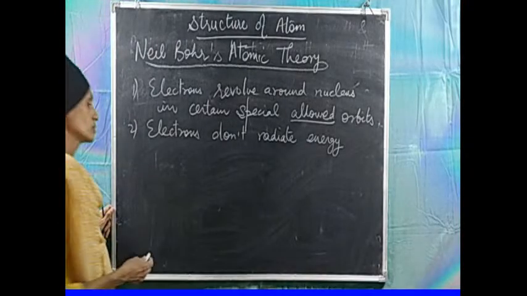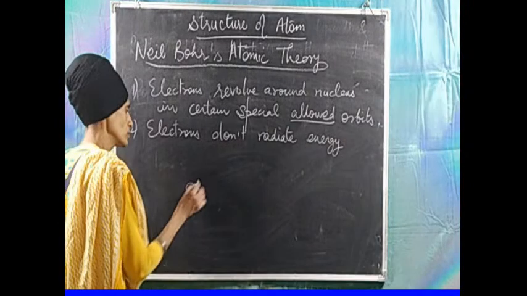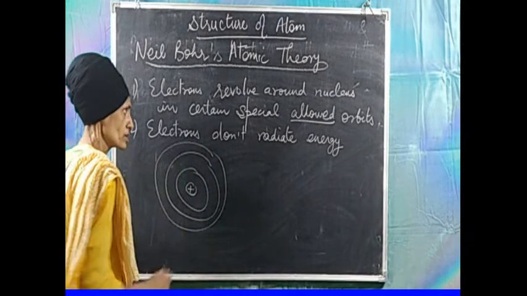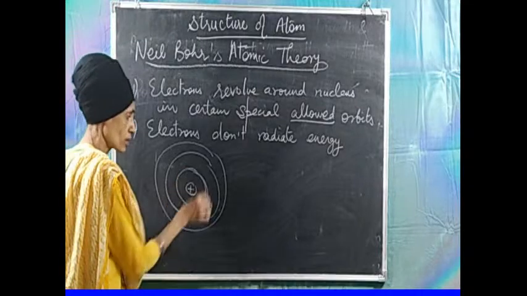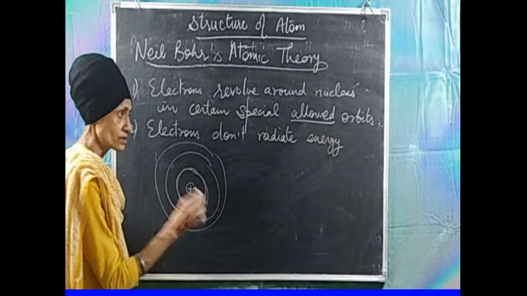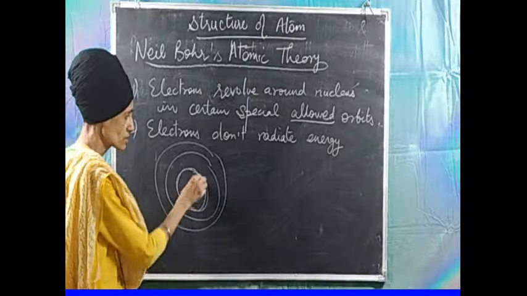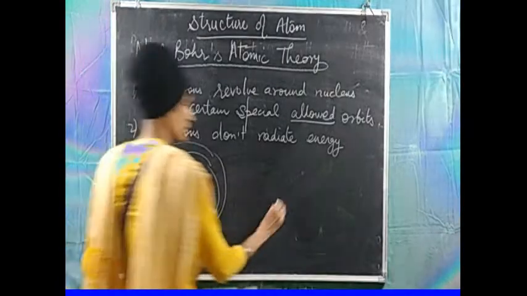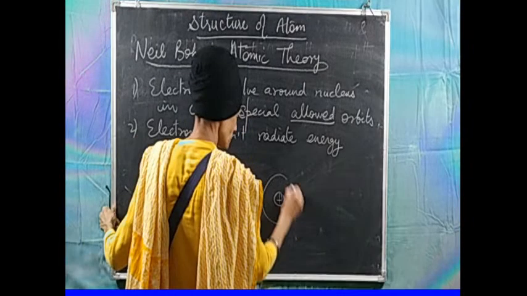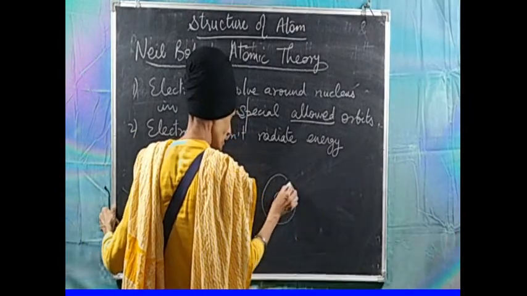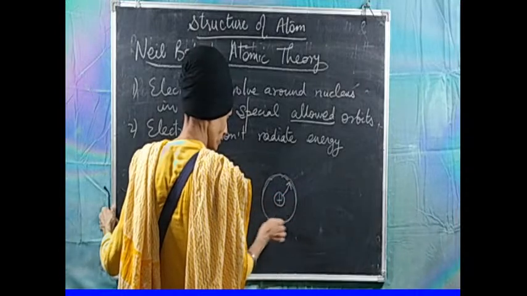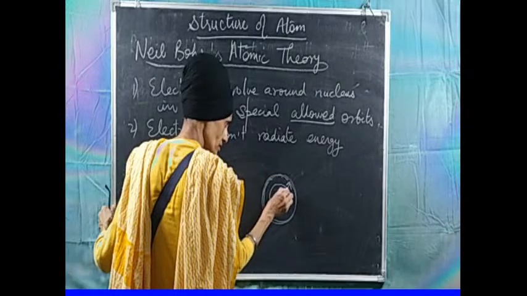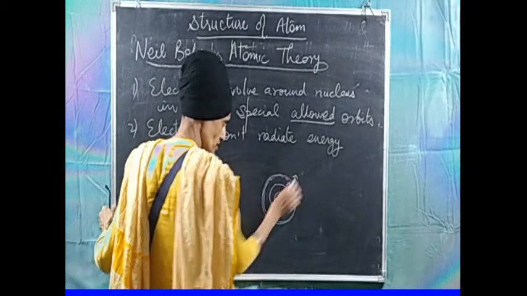According to Rutherford, it was assumed that around the nucleus the electrons revolve in circular orbits, and according to Bohr, these orbits are certain special allowed orbits, meaning the radius is fixed for an atom. For example, for an atom, this much is the radius. At this radius the electron is allowed to revolve. It cannot revolve at a different distance.